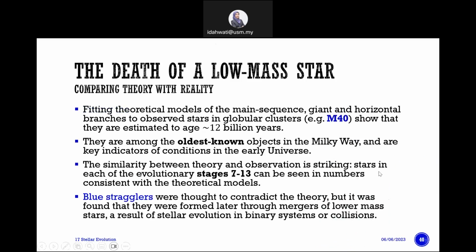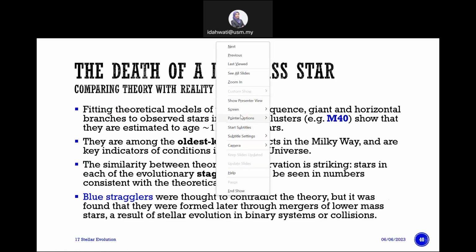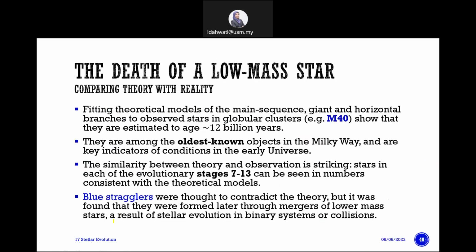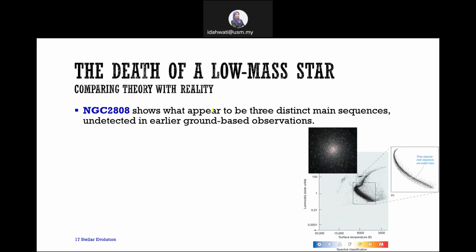Stars in each of the evolutionary stages 7 to 13 can be seen in numbers consistent with the theoretical model, but the blue stragglers contradict the theory.